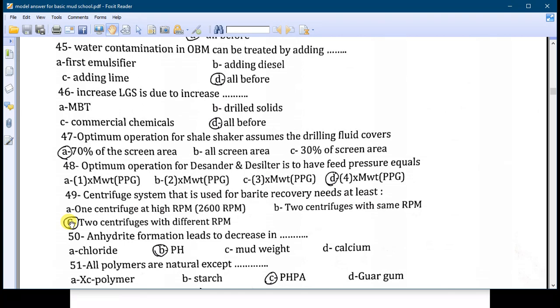Then it takes the barite back to the system, and the other mud is taken to the second centrifuge where the low gravity solids can be separated. And I have told you that those 2 centrifuges are arranged in series, not in parallel.